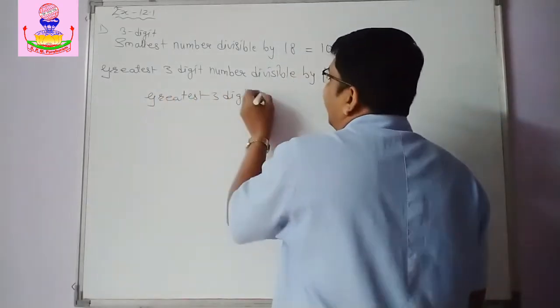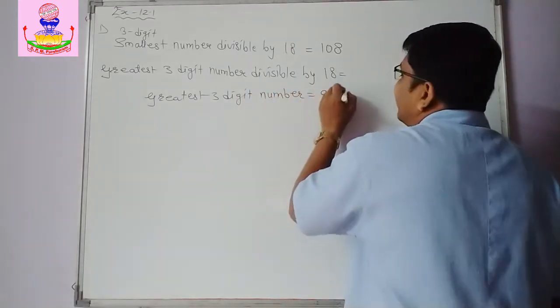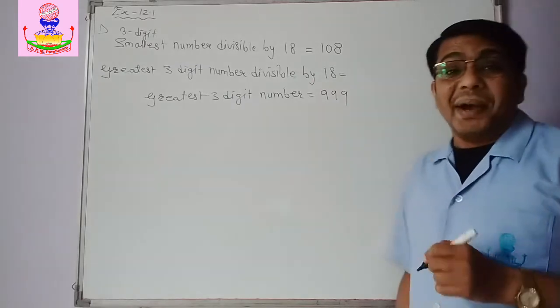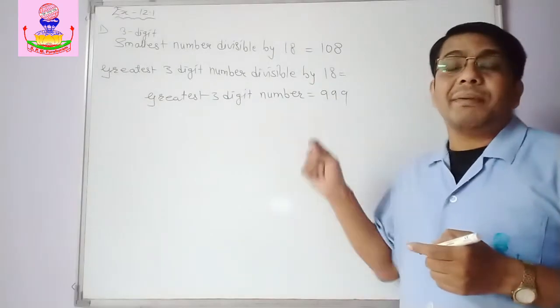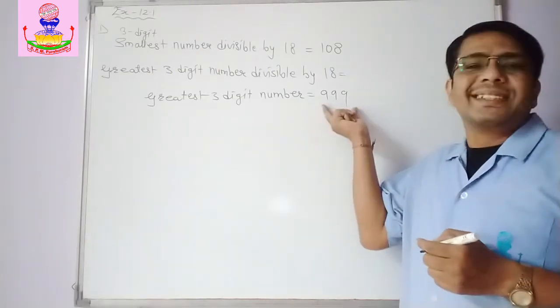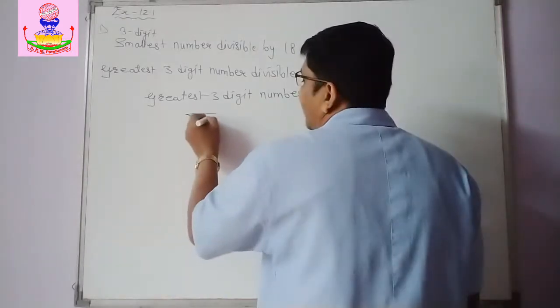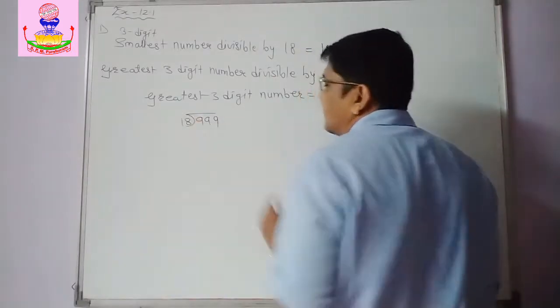What is it? Yes, exactly. It is 999. Now I want the greatest 3-digit number divisible by 18. So what to do? Divide this. So I divide this 999 by 18.